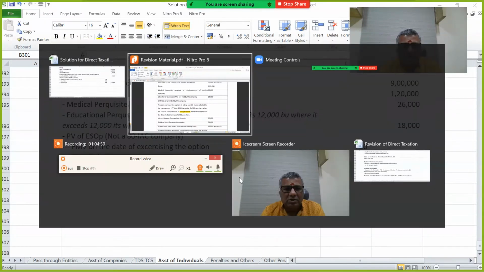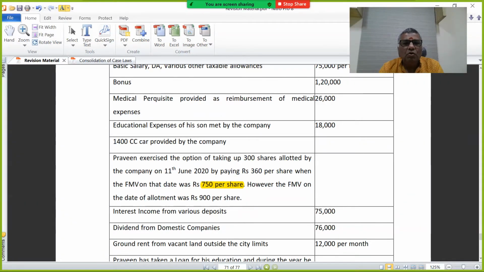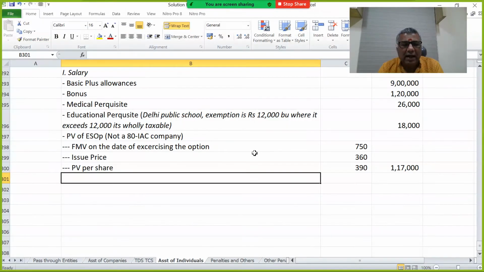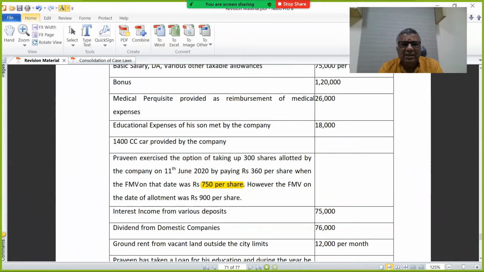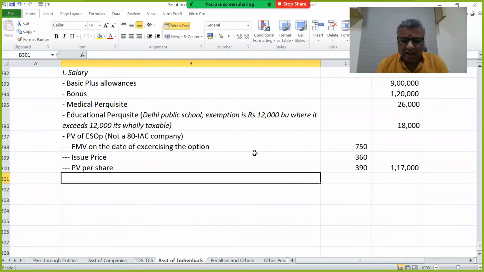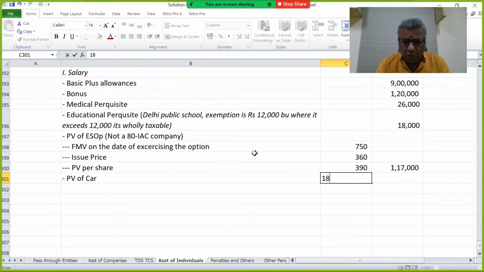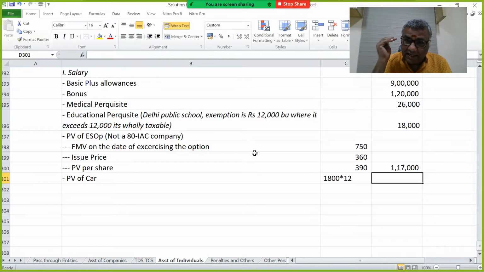Oh, there is a car, sorry. Okay, 1,400 cc car provided. Okay, they need not say that it is partly official, partly personal. Perquisite value of car, this morning I told you 1,800 into 12. If it is above 1600 cc, it is 2400. 1,800 into 12.